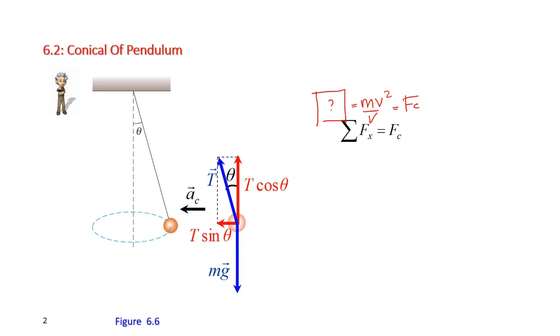When we look at the x component, the x component contributes to Fc, which is equal to T sine theta. So T sine theta equals mv squared over r. This is the step of the solution that you need to find to solve the case of the conical pendulum.